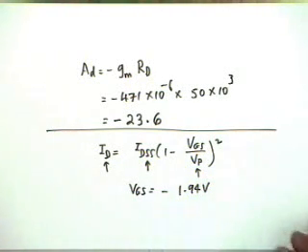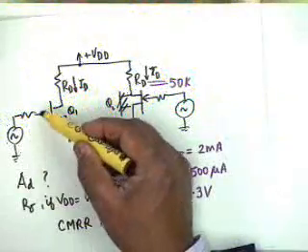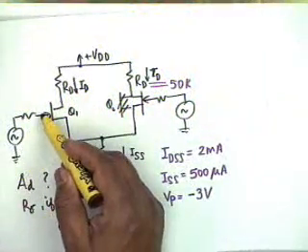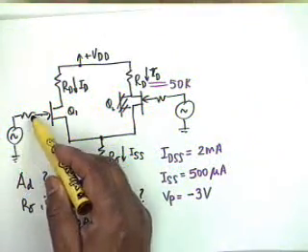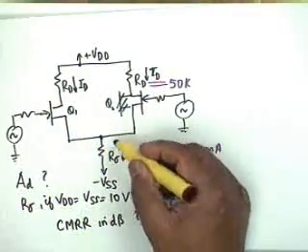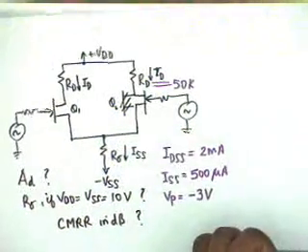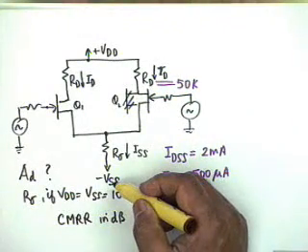Then I write a KVL like this. I come from here. What is the DC voltage of this point? 0, because this source is grounded. For DC there is a resistance. So, VGS plus ISS R sigma minus VSS would be equal to 0. Is that clear?